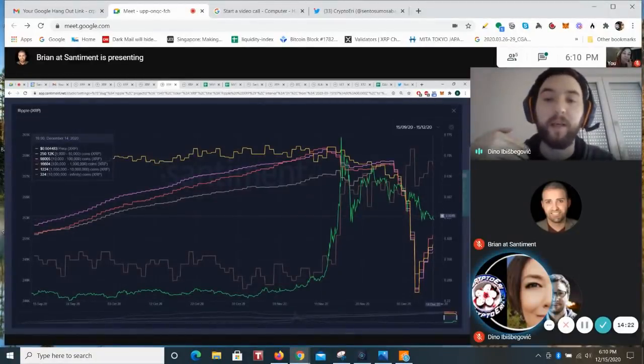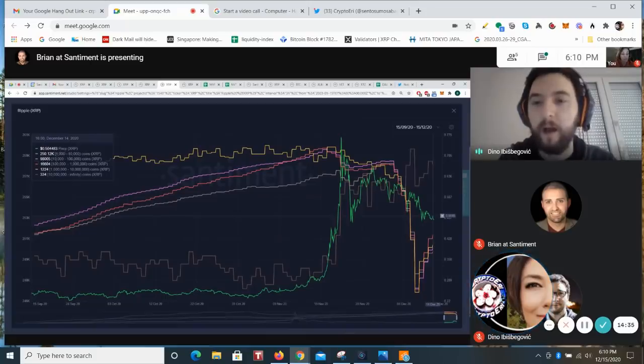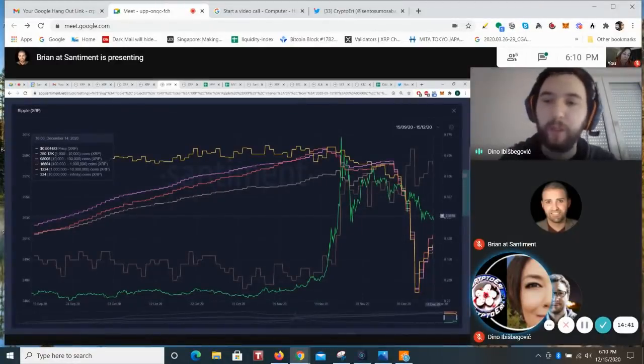Now, what you are seeing in the past couple of days, however, is that most of these holder cohorts are starting to once again acquire XRP. There have been short-term sell-offs, but in the last 4 to 5 days we have seen most groups of XRP holders, both retail and whales, starting to move back into it.